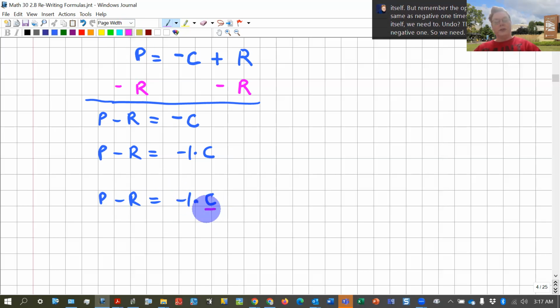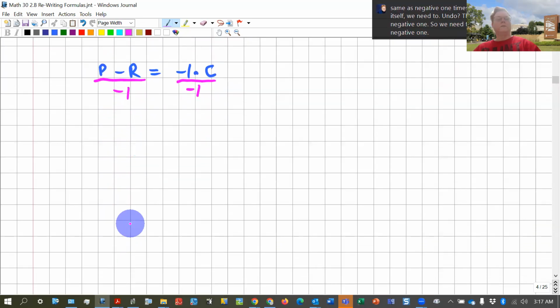So we need to divide both sides by -1. On the right-hand side, -1 times C divided by -1 is +1 times C, which is just C. So now we have C all by itself on the right.